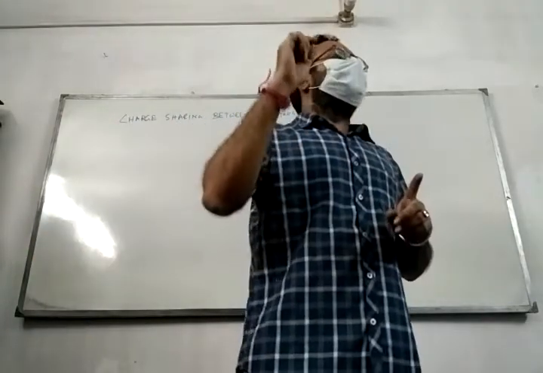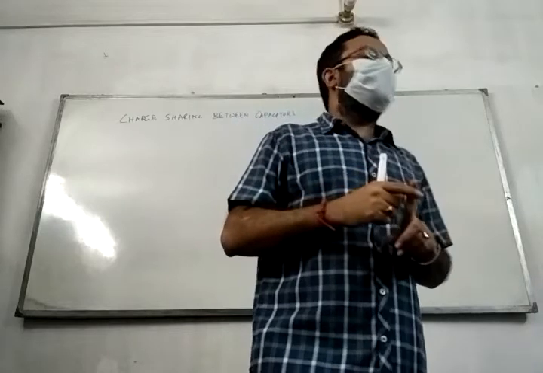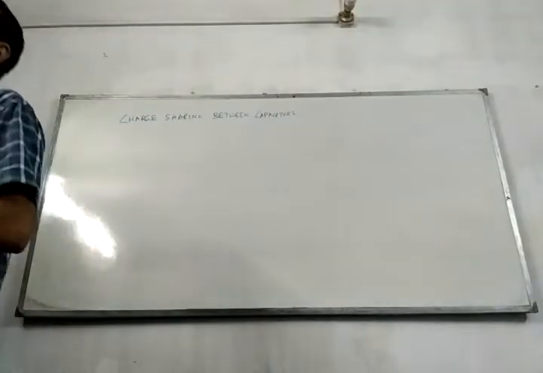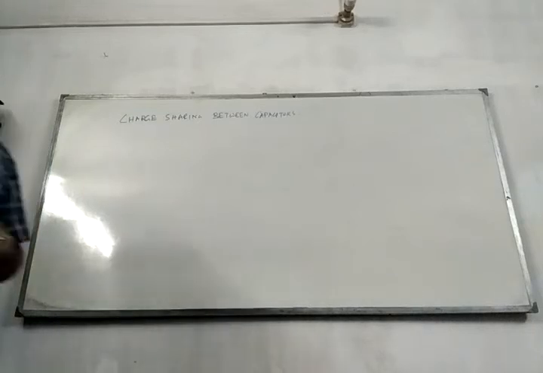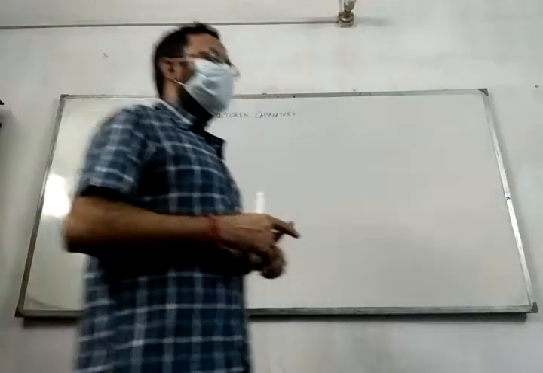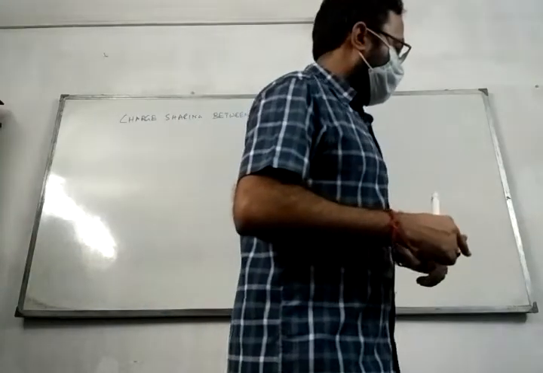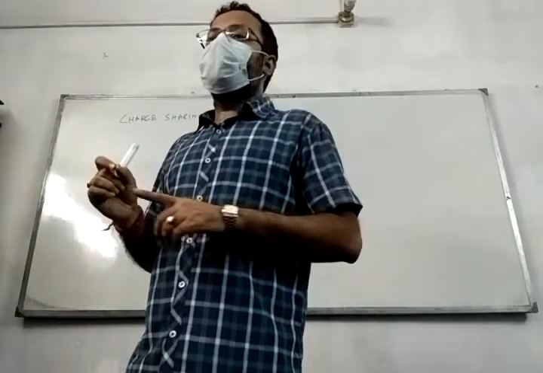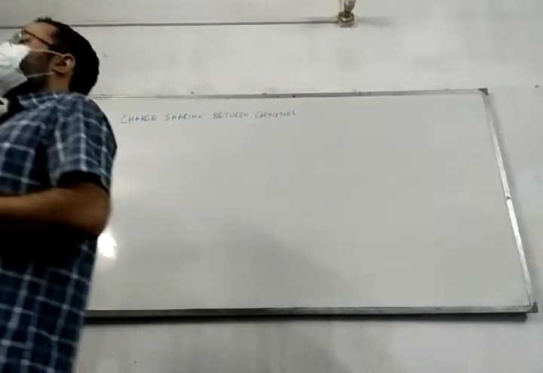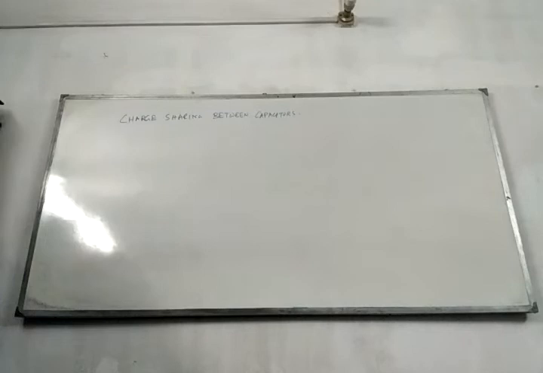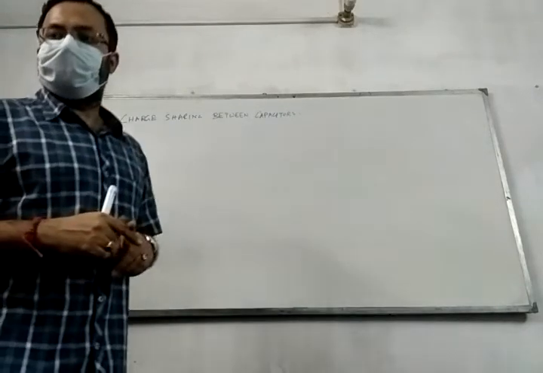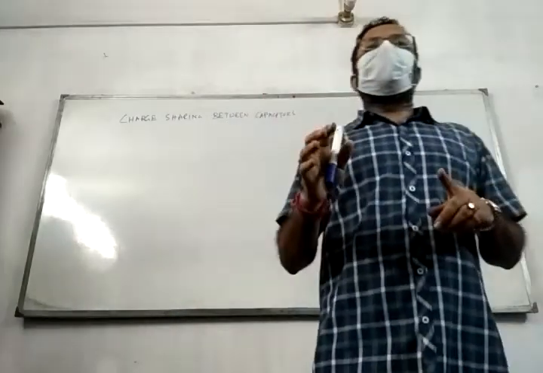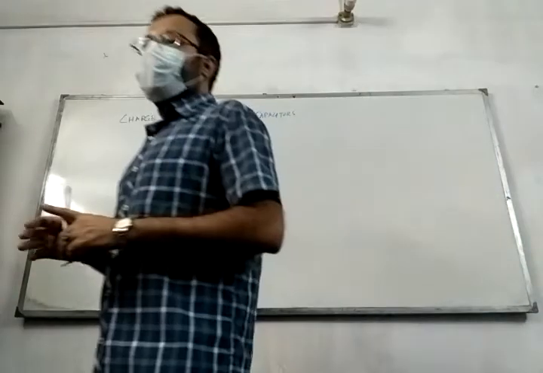First, let's write down the situation. A capacitor of capacitance C1 is charged to a potential V1 and disconnected from the source.